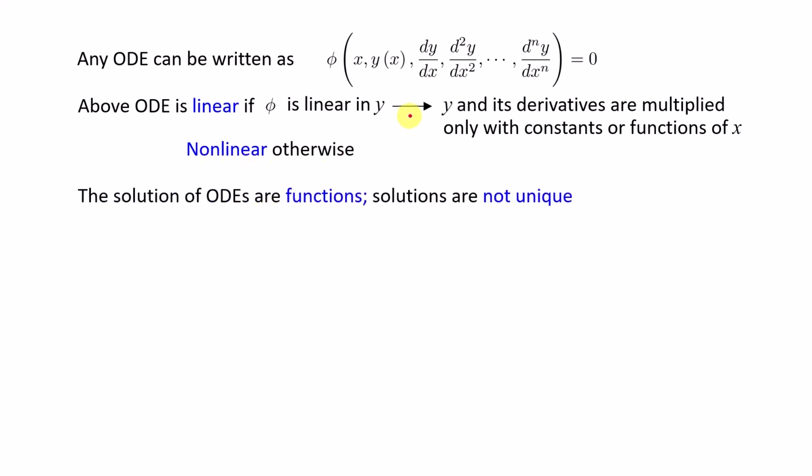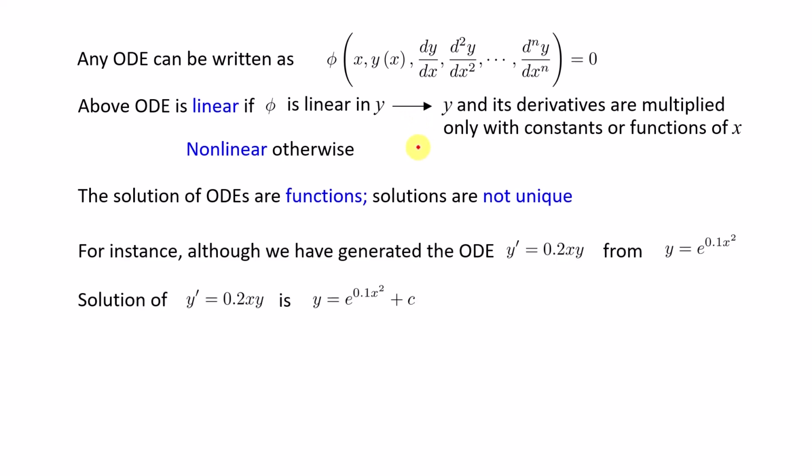The solutions of ODEs are not numbers, these are functions, and there are many functions. So there is not one solution, there are many. For example, we have generated this ODE y prime equals 0.2 xy from this function y equals e to the power 0.1 x square. So y equals e to the power 0.1 x square is a solution of this equation, but this is not the only solution.